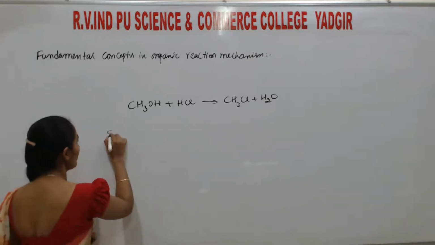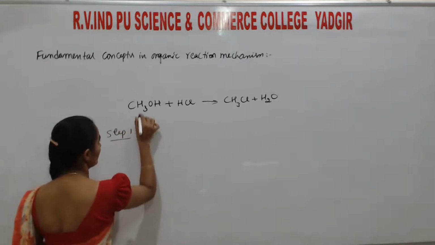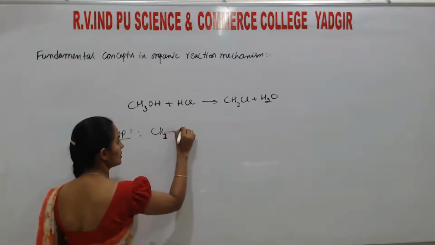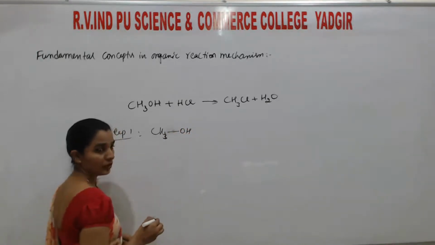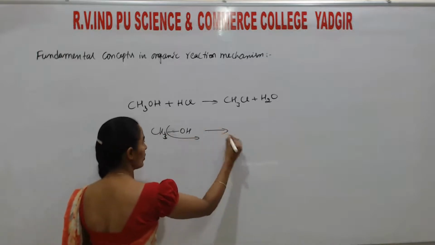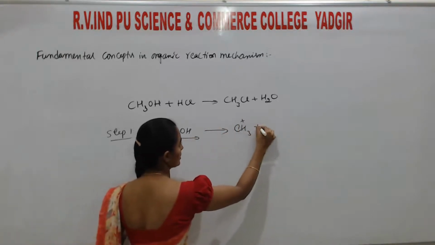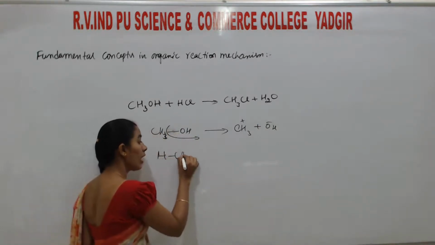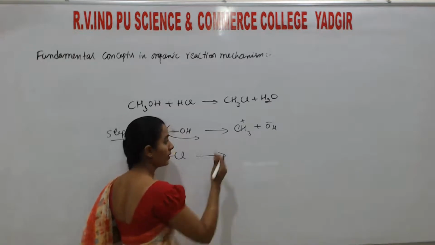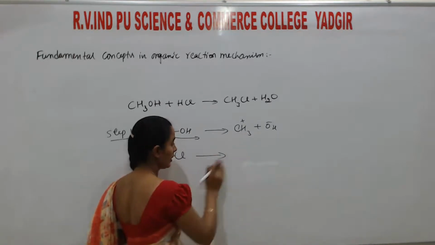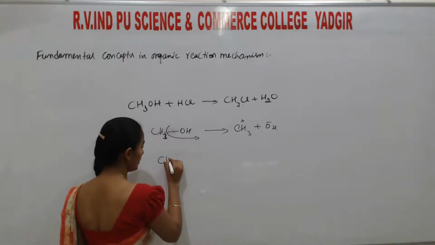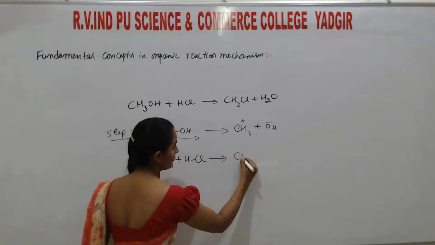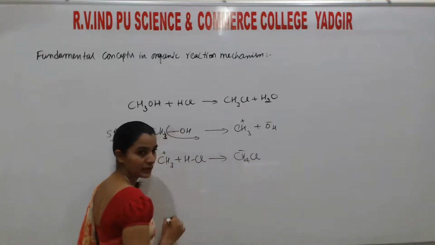In step one, this CH3OH loses OH minus and forms CH3 plus and OH minus. Next, this HCl also dissociates. HCl is attached here, to CH3 plus. Then it forms CH4Cl minus.